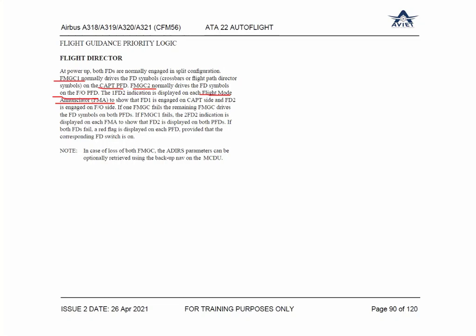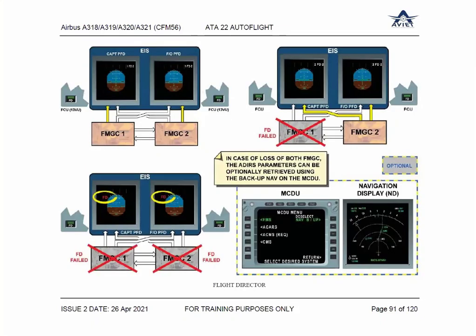Now let's see the diagram, then we'll come back again. Can you see in this diagram what it says? Both FMGCs are working. Switches on number one side and number two side are both engaged, green color. FMGC 1 is working, so it will supply the indications on PFD1. FMGC 2 will supply on PFD2.